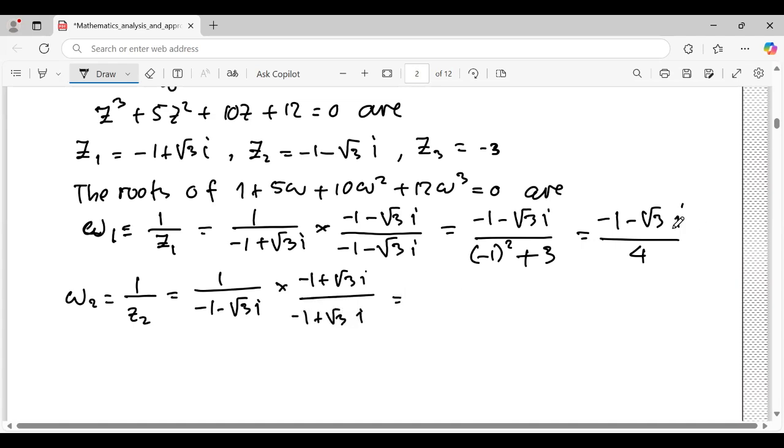It is similar to this one, but it becomes -1 plus square root 3i over 4. First root, second root, and the third root is w3. It is 1 over z3. This one is minus 1/3. So the first, the second, and the third root.